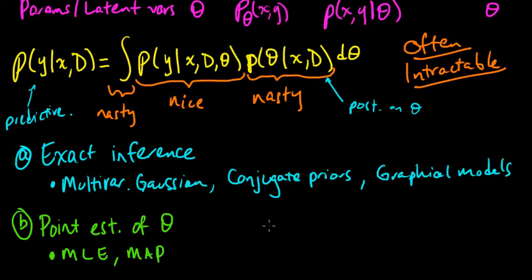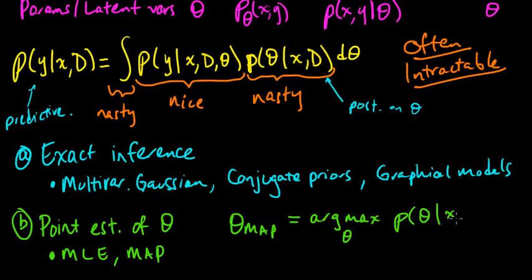Let me tell you how these are used, and let me define briefly. The maximum a posteriori estimate of theta is the value of theta that maximizes the posterior distribution. This is the posterior. That's the MAP. We call it the MAP.